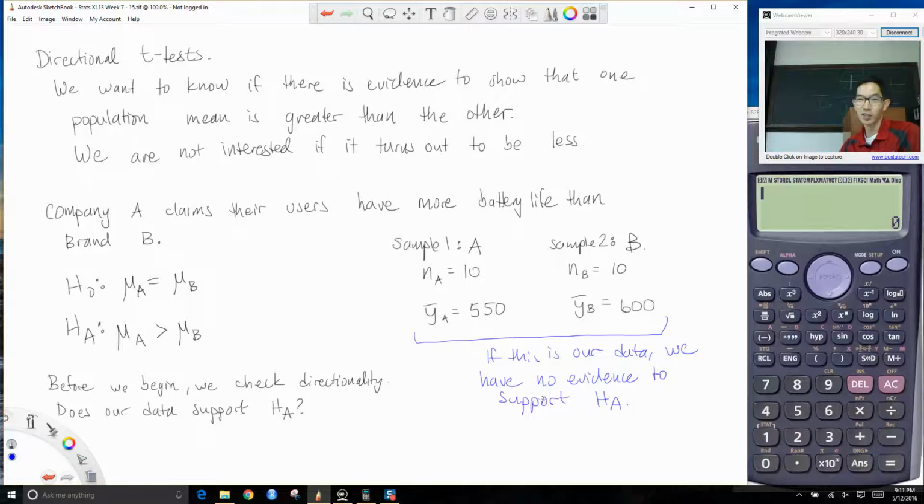Just automatically conclude, do not reject the null, no evidence to support the alternative.